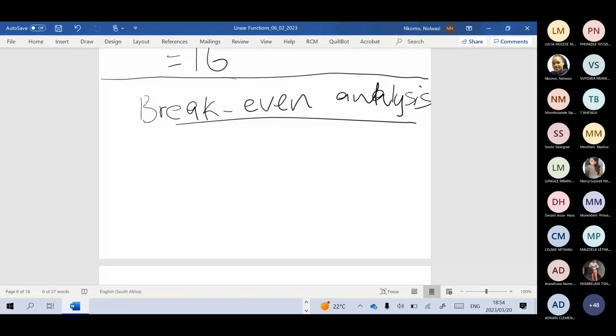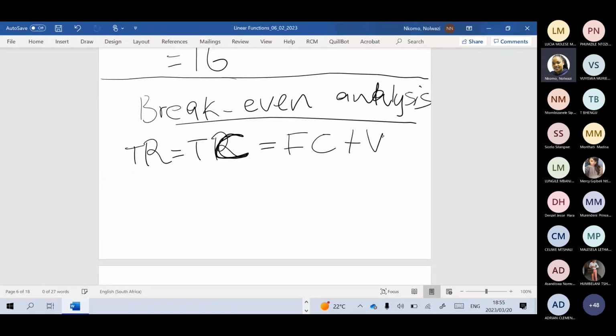We know that at break even, the total revenue is equal to the total cost. And we know that the total cost is equal to the fixed cost plus the variable cost. So you can even use total revenue equals fixed cost plus variable cost.